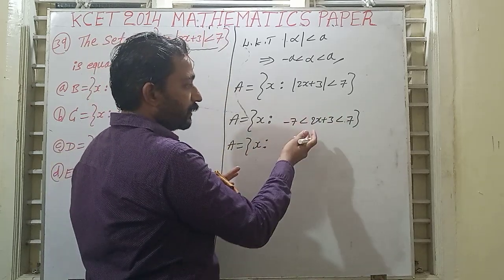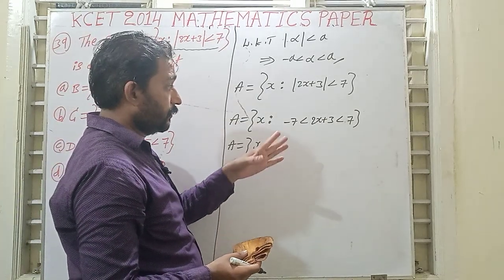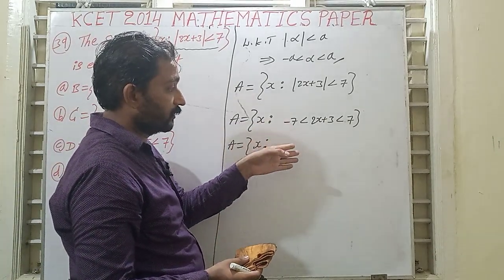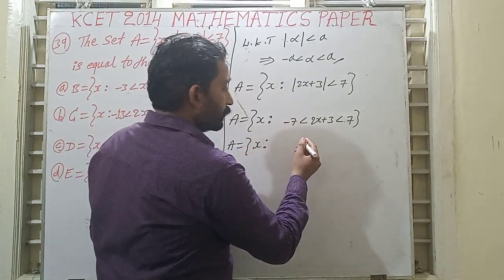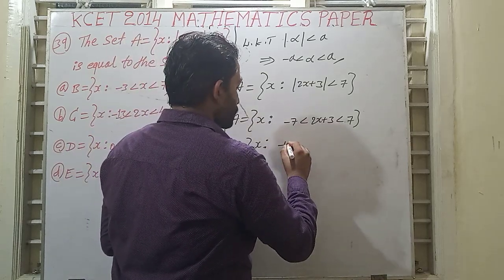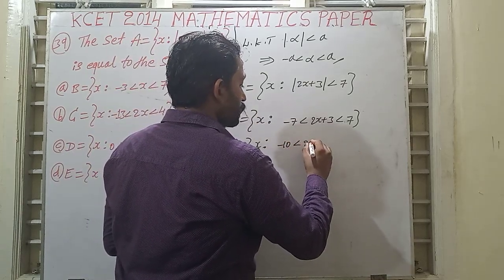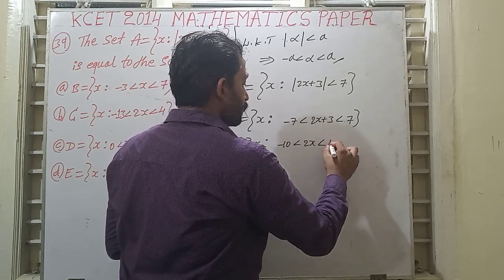Adding minus 3 does not change the inequation. When does the inequation change? When you multiply or divide all the terms by a negative number. So here, add all the terms by minus 3. No change: minus 7 minus 3 is minus 10, less than 2x plus 3 minus 3 cancels, less than 7 minus 3, which is 4.